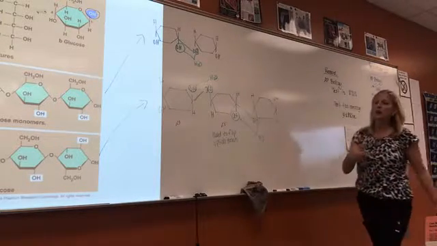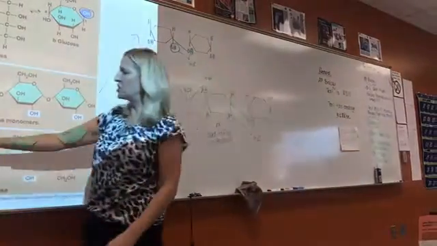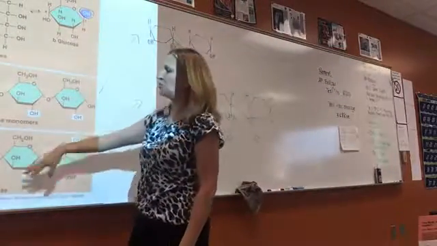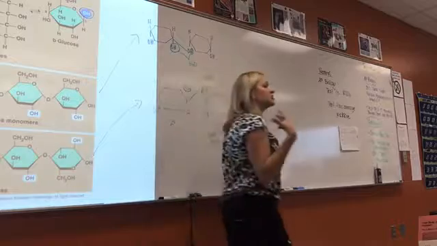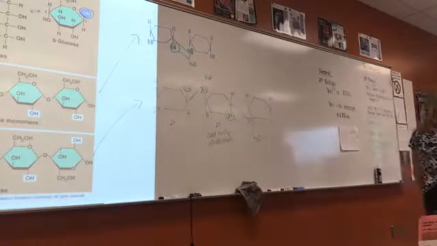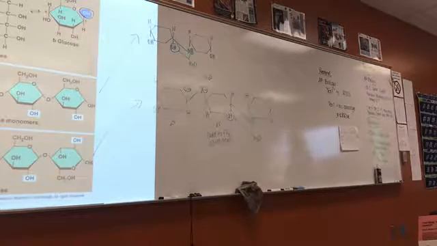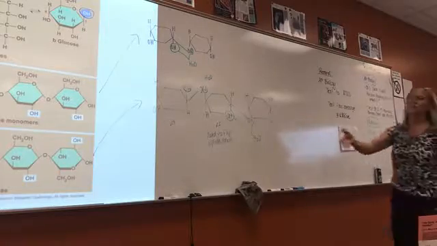All right, so therefore with cellulose, this little change in structure changes the way it bonds, changes the structure of it, which ultimately changes the function of it, structural versus storage.